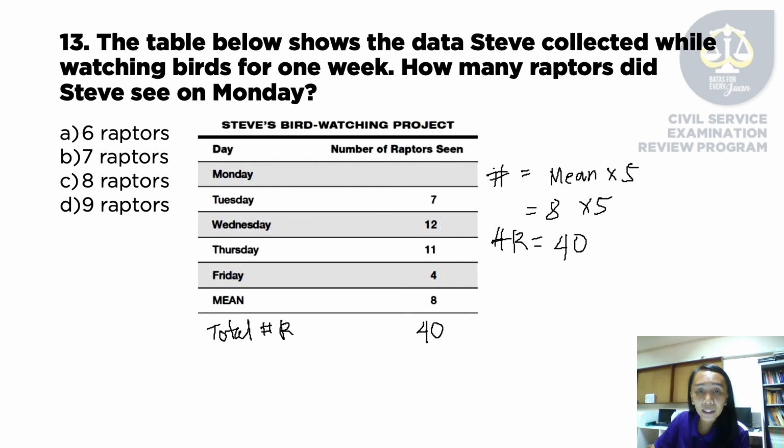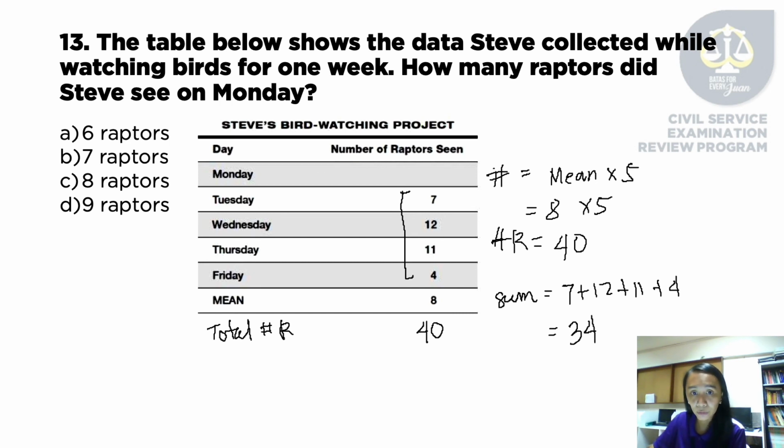So, para makuha yung number natin na raptors na nakita nung Monday, we just need to add the number of raptors na nakita niya nung Tuesday, Wednesday, Thursday, at Friday. So, kapag ipag-a-add natin yon, 7 plus 12 plus 11 plus 4. That would be 34.